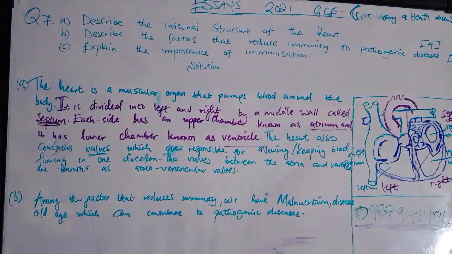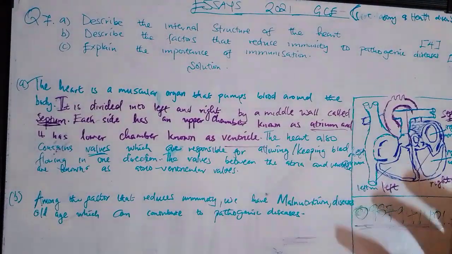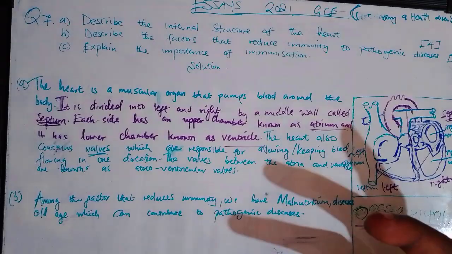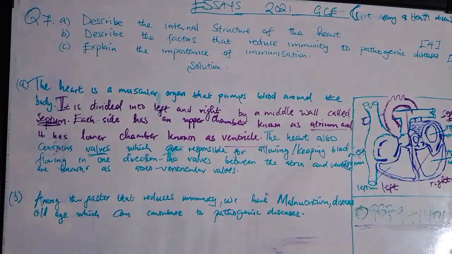So you are saying that among the factors that reduce immunity, we have malnutrition, diseases, old age, which can contribute to what? To the development of pathogenic diseases. So you have introduced, you have told them what you are talking about, and you have told them which points you are going to explain.